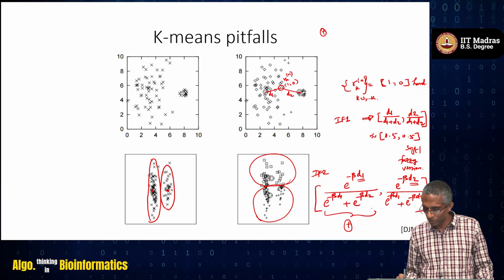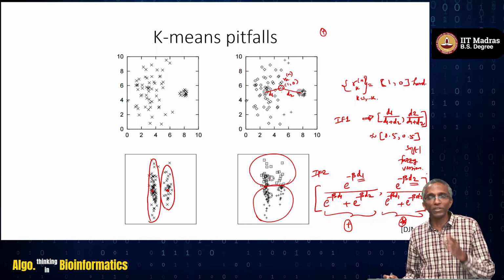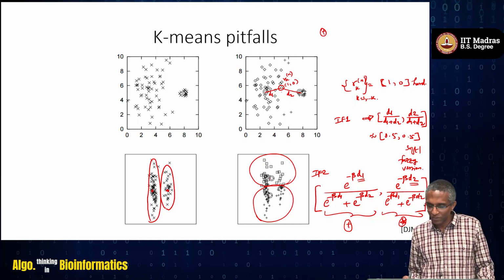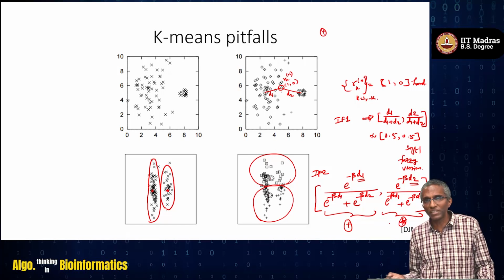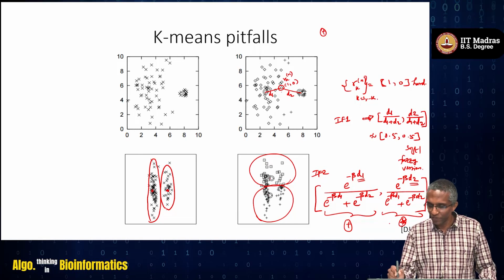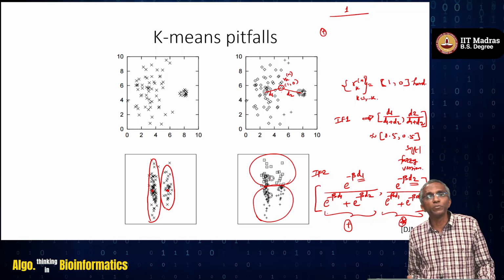If you look at just one of these entries, so this entry is plus and this entry is, let's say, star, you can verify that both of them add up to 1, and that they are both non-negative, so they can be viewed as probabilities. If you look at plus alone, for instance, the case with star is similar, you can simplify it by multiplying and dividing by e to the power beta d1.